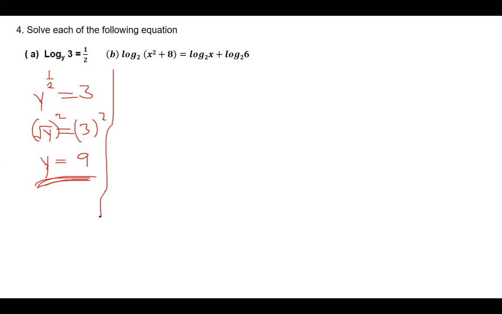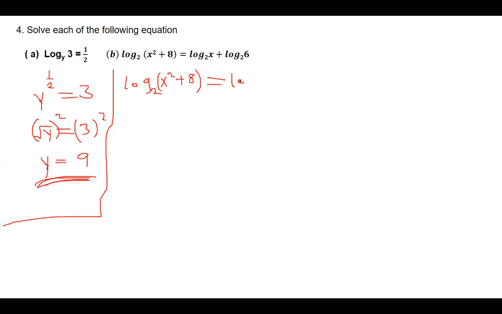We move on to the second part, this one here. Let me just write it. So we have x squared plus 8 is equal to, when you're adding two logs, it means that you are multiplying these numbers. So here we're multiplying this x times that 6. Oh sorry, this is in base 2.